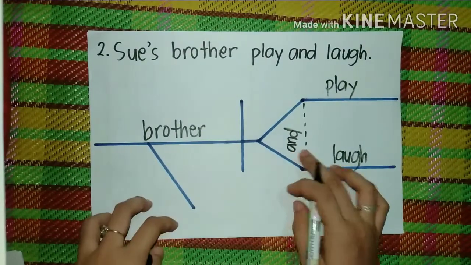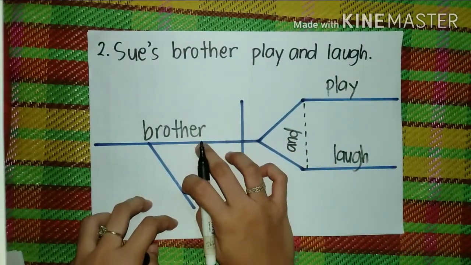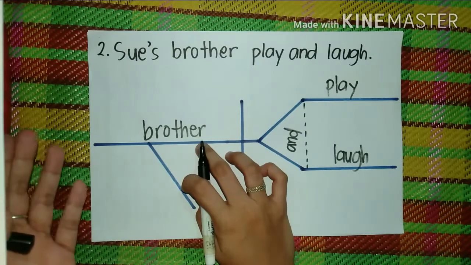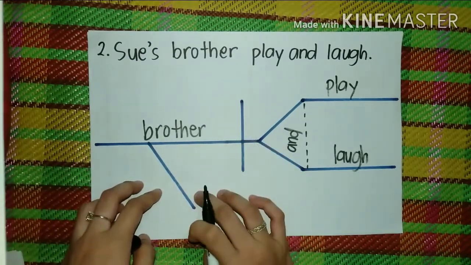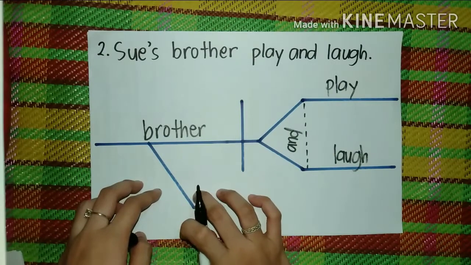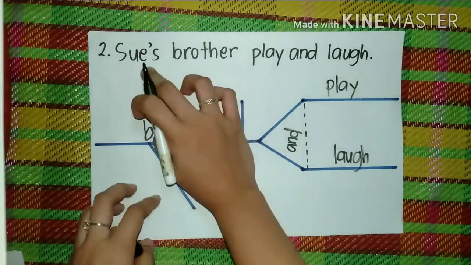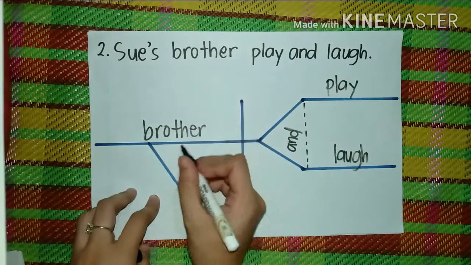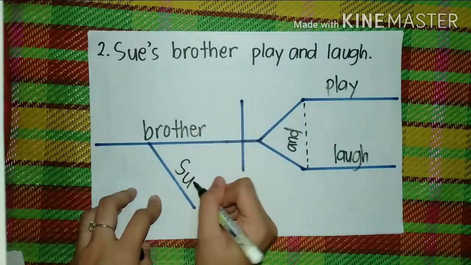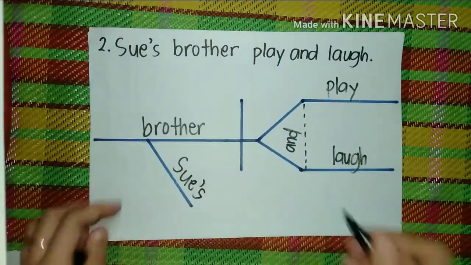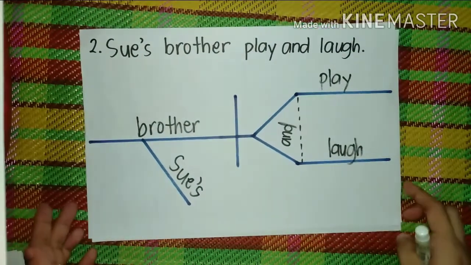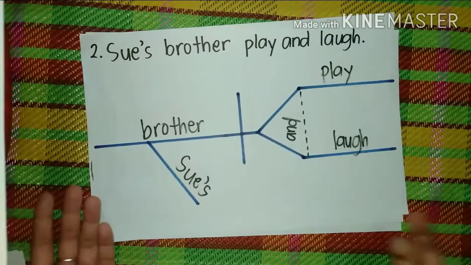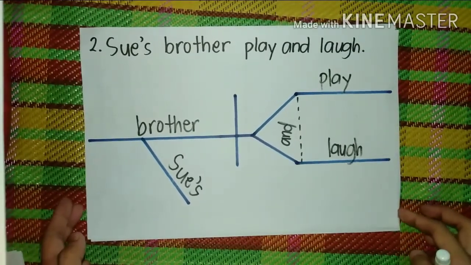And the last one, just like the previous diagram wherein we put the possessive noun or pronoun under the subject, you just have to write Sue's name under the brother. And this will be the complete or final look of the diagram for compound predicate.